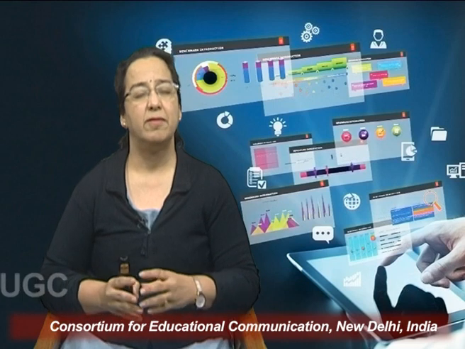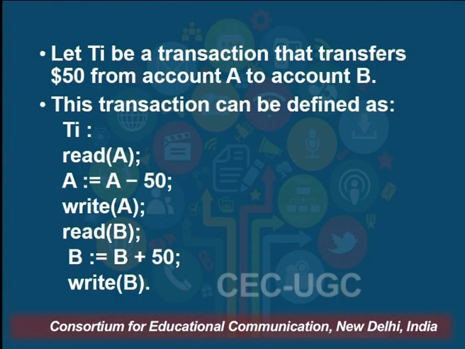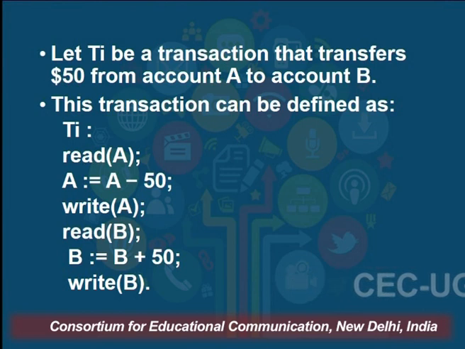Let us say we have a transaction named T_i, which is transferring a sum of $50 from account A to account B. This is a very typical, standard example of a transaction. It can be defined as follows: first, the balance of account A is read. Then it is updated, where A = A - 50.